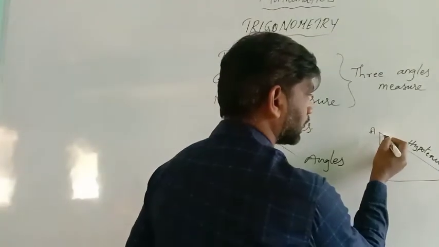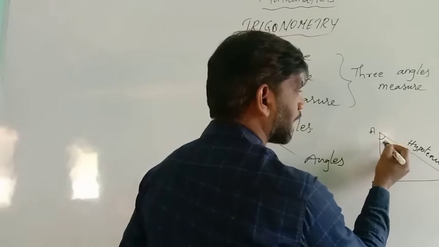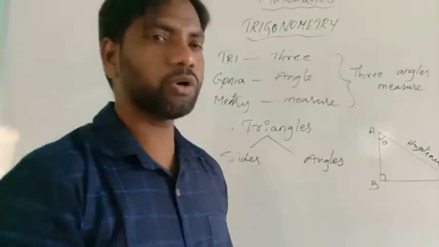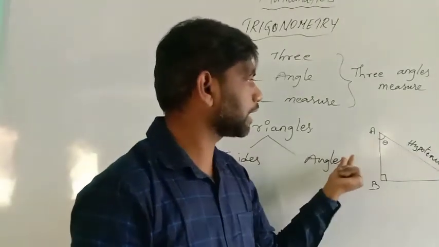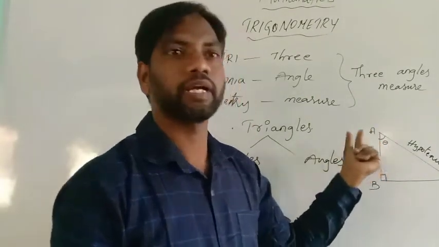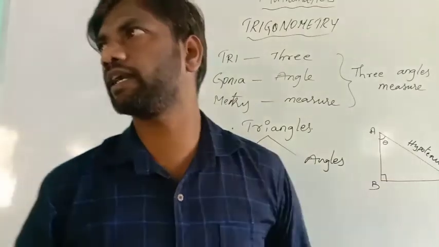For example, if I take an acute angle at A, an acute angle measures greater than 0 degrees and less than 90 degrees.